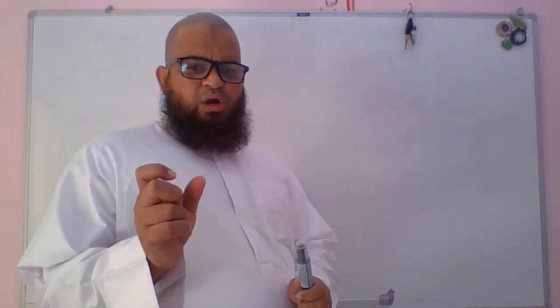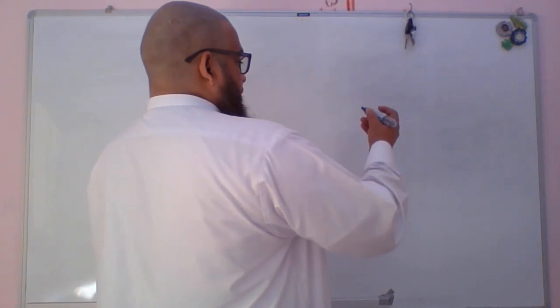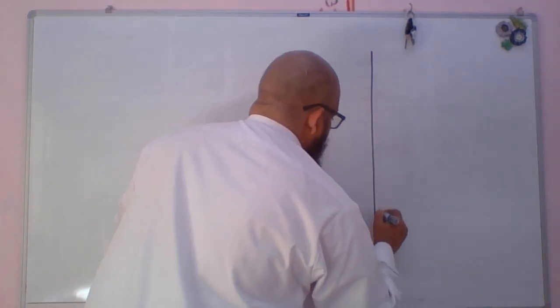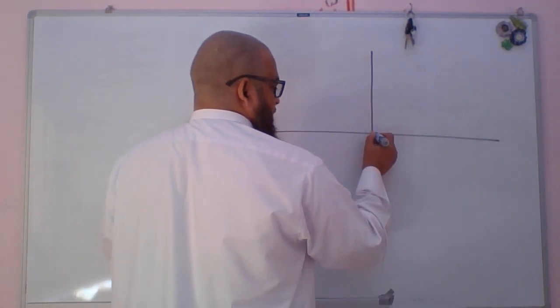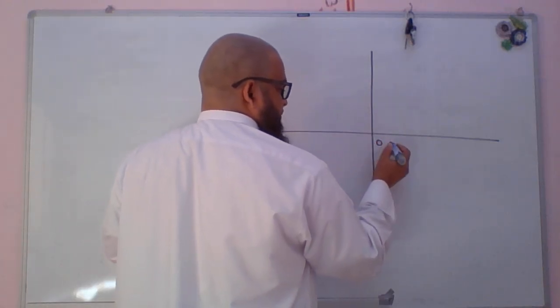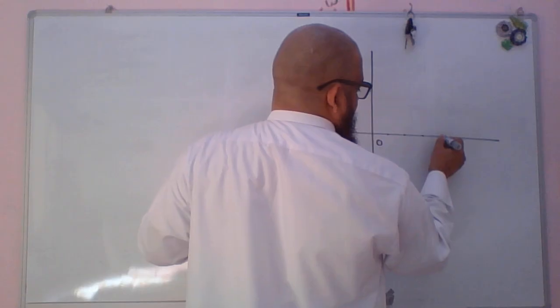Since the points are given, let us draw a Cartesian plane, and you know this is the origin, and 1, 2, 3, 4.